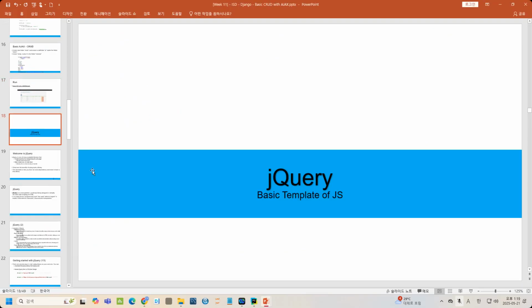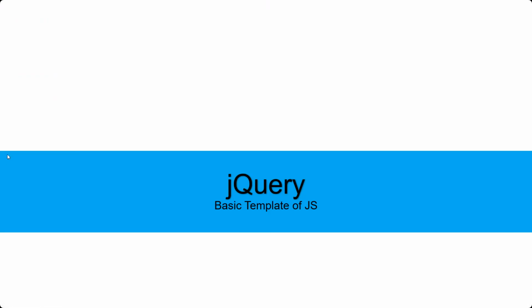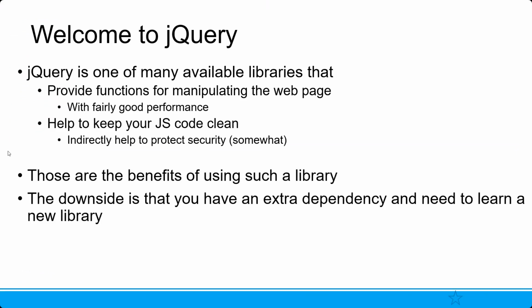So before we go into the details, we need to understand what jQuery is. Some people mention that this is the basic template of JavaScript. jQuery is one of the many available libraries that provide functions for manipulating the web page.